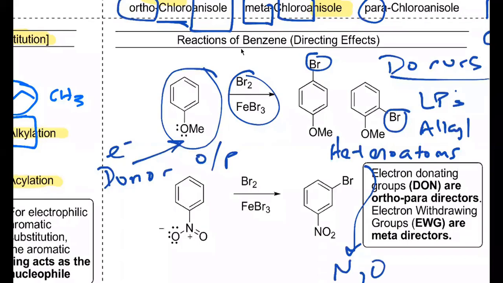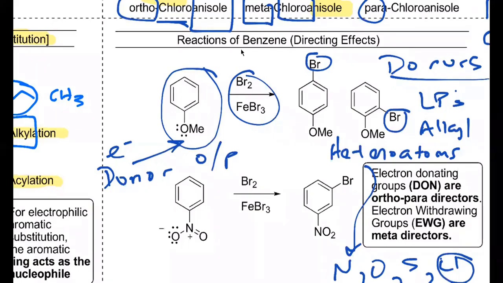Nitrogen, oxygen, basically atoms that have lone pairs. Sulfur, halogens. Right, halogens like chlorine, bromine, fluorine, all of your halogens are donors. Right, so anything that has lone pairs on it can be a donor, and then alkyl groups can also be donors.